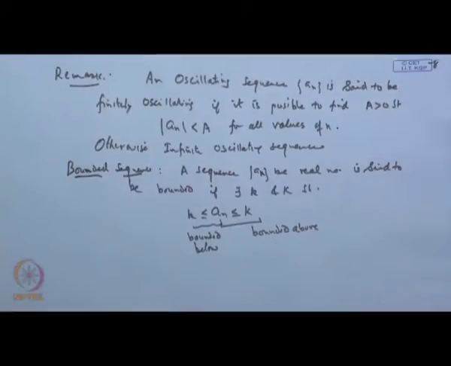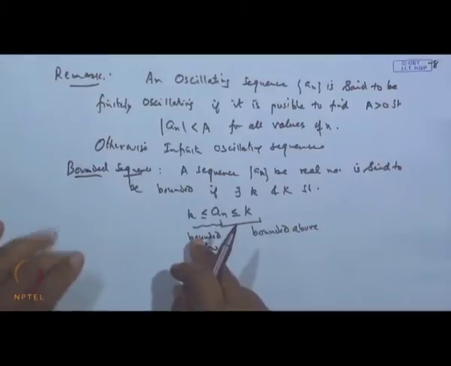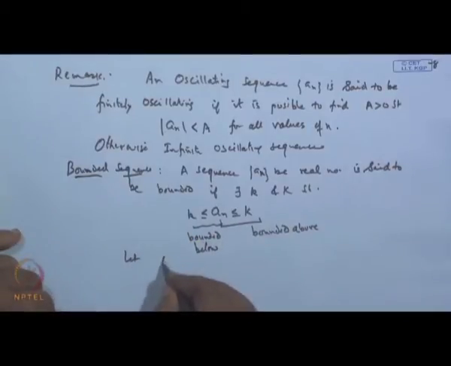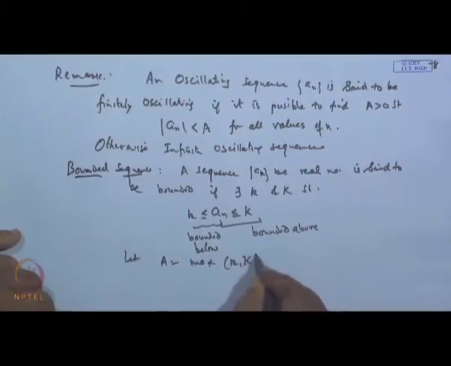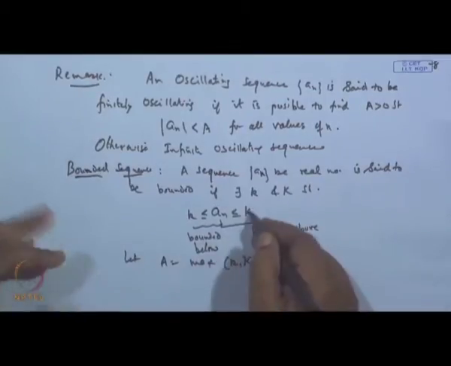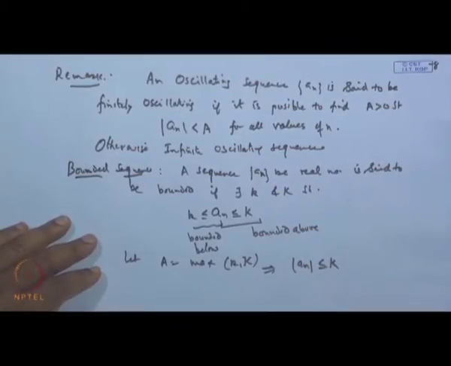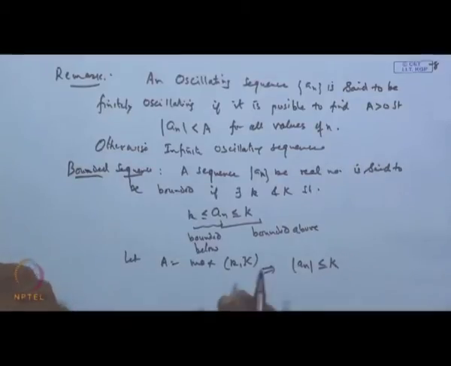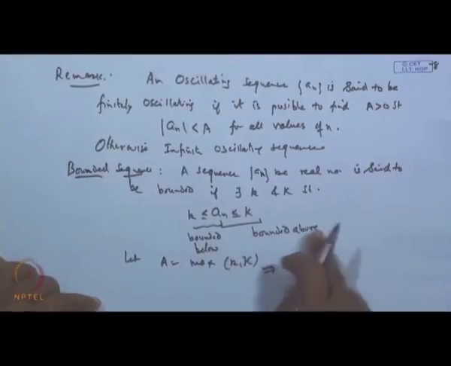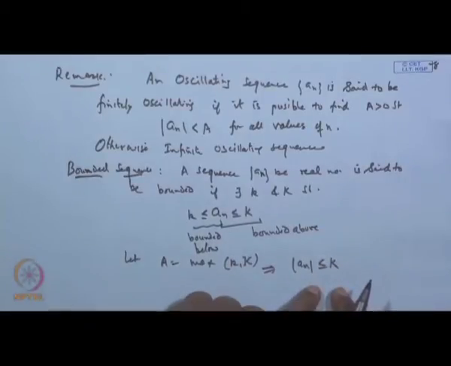If we combine both and let capital A be the maximum of k and capital K, then mod of A n is less than or equal to A, and we say this sequence is bounded. So, lower bounded, above bounded and bounded.